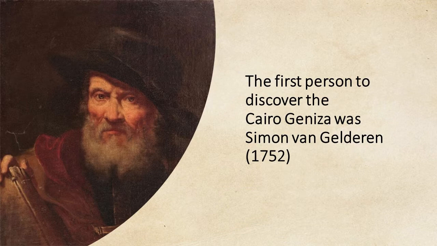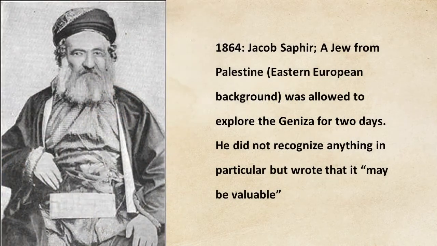Okay, and that was in the 1700s. In the 1800s, so over 100 years ago, there was a person called Jacob Safir. Look, he looks like an Arab Jew, but he's really from an Eastern European background, and he lived in Palestine because there wasn't the state of Israel yet. So it was called Palestine by everybody then. But you can see he really assimilated into the culture.